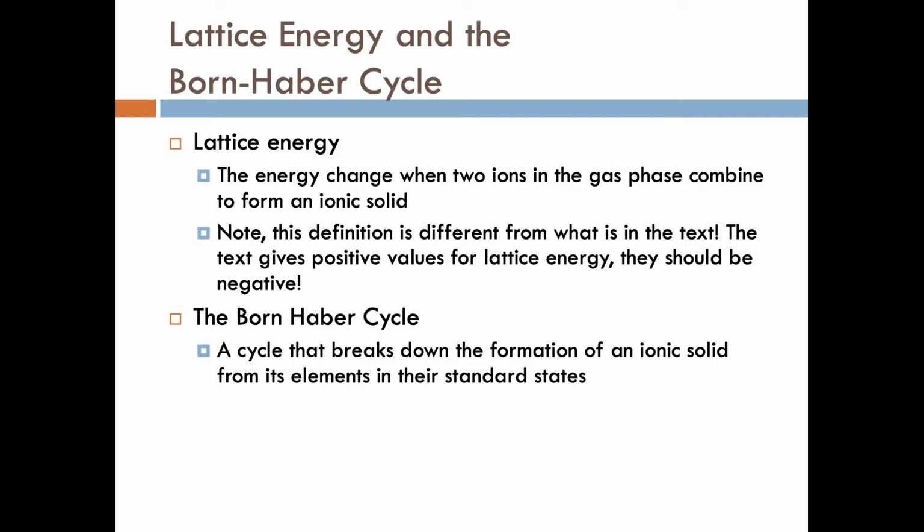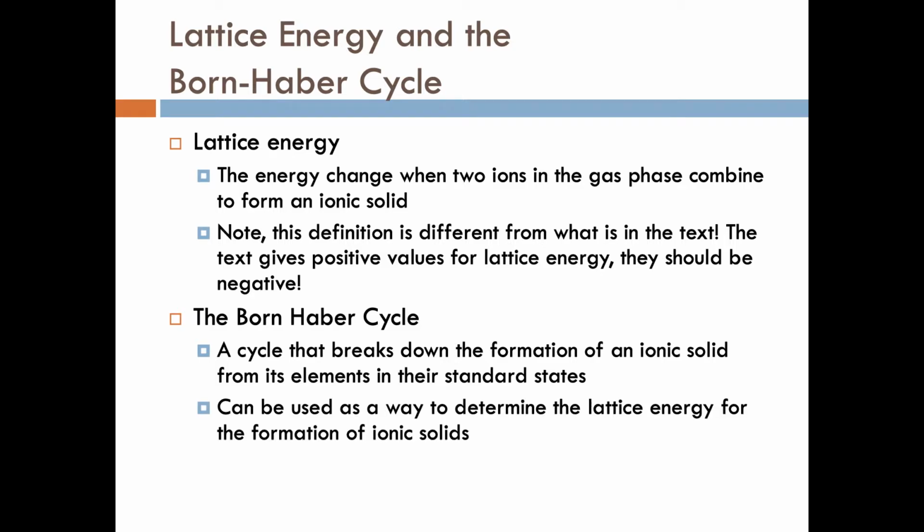The Born-Haber cycle takes the formation of some ionic solid from its plain elements in their standard states, however you'd find those elements, and breaks down the formation of that ionic solid into all of the individual steps that have to occur in order for that process to happen and end up with that ionic solid.